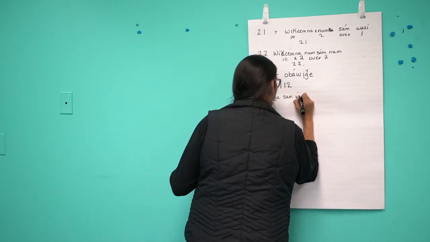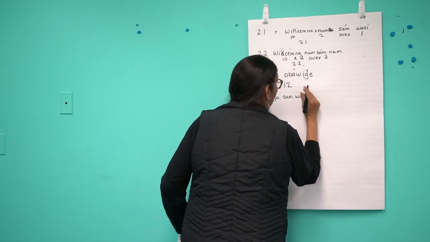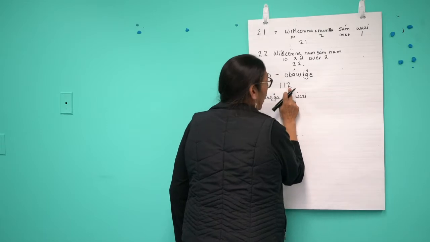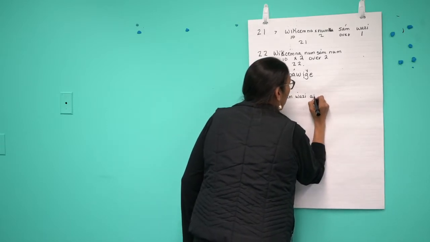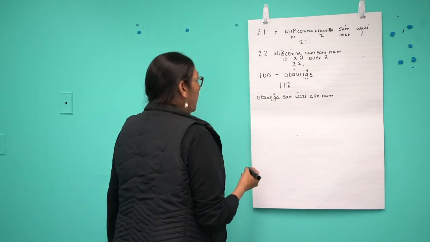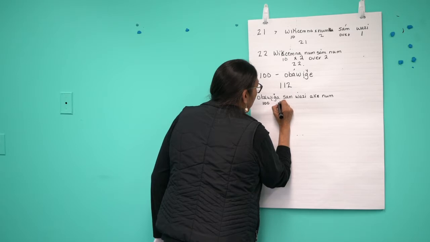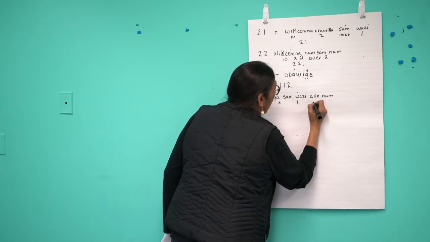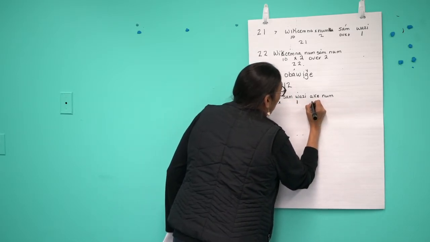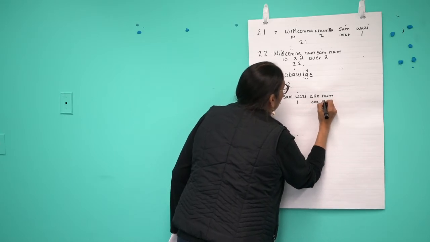Waji. Ake. Num. See, we have our 100 times 1 over 12.